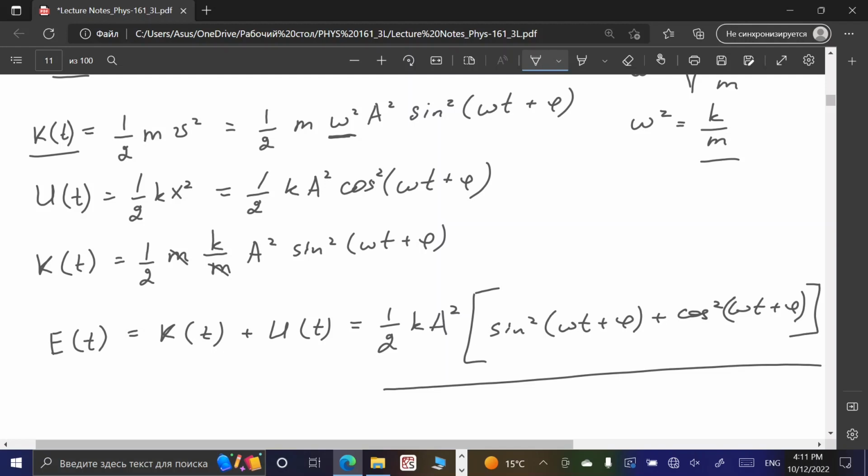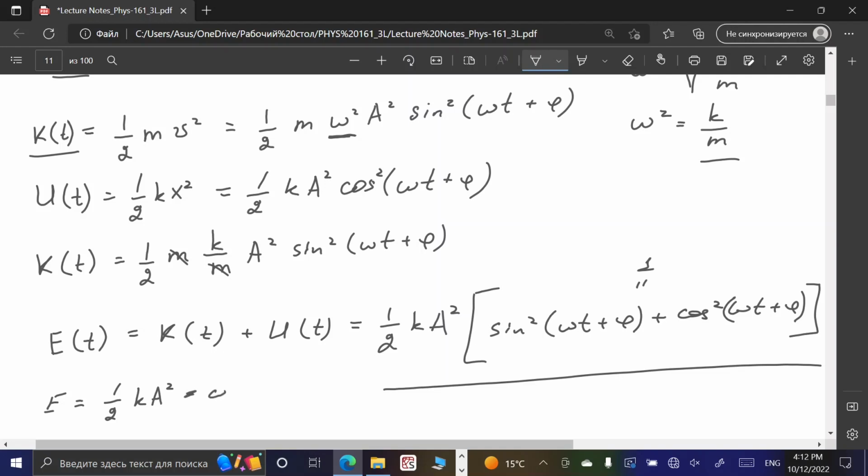So actually this total mechanical energy is a constant because this sum of cosine squared and sine squared of the same argument in the parentheses will give us unity. So we kind of automatically get rid of any time dependence. So here this will be unity and we get total mechanical energy already not a function of time because it's a constant equal to 1/2 k times a squared.